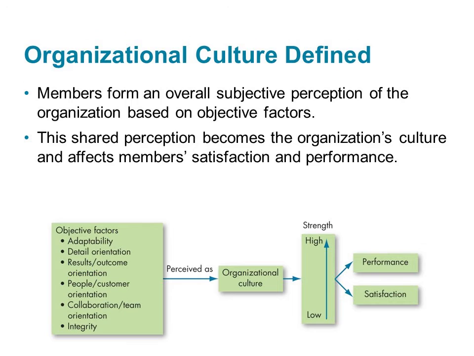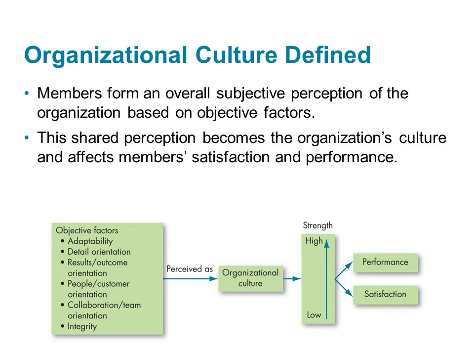The graphic here on this slide presents organizational culture as an intervening variable, something that influences how objective factors influence performance and satisfaction. Take a look at some of the objective factors: adaptability, detail orientation, results, outcome orientation, people, customer orientation, collaboration, team orientation, and integrity.